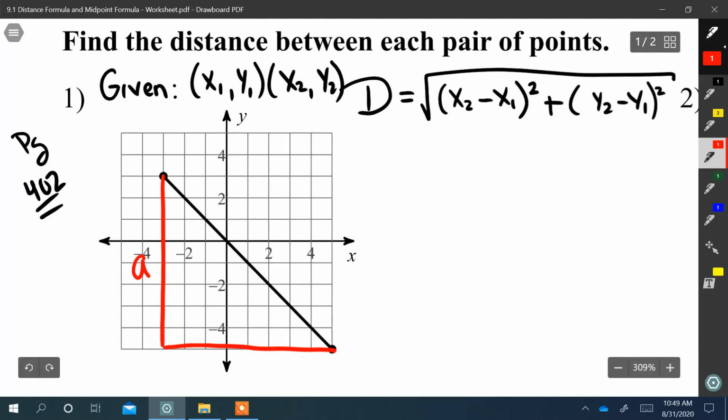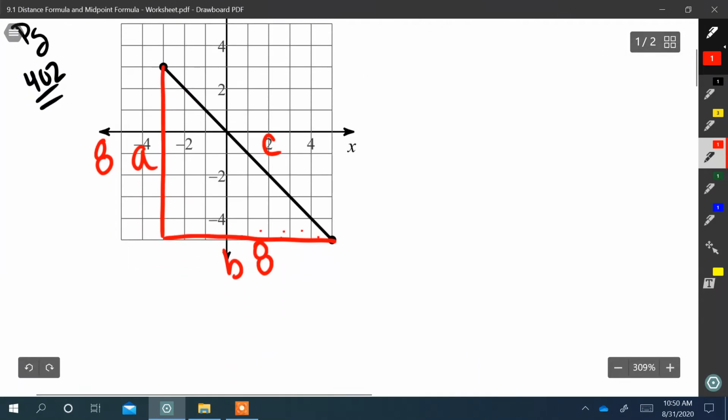And then this will be A, and this will be B, and this will be C. So we have 1, 2, 3, 4, 5, 6, 7, 8. This will be 8. We got 1, 2, 3, 4, 5, 6, 7, 8 again.